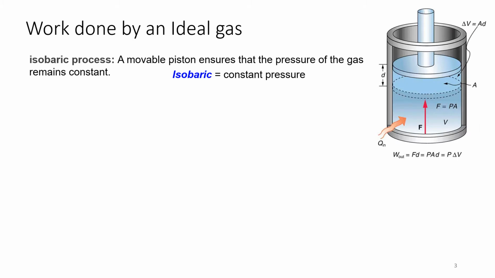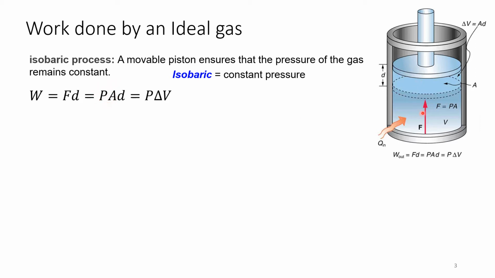Now let's consider the work done by an ideal gas in some simple processes. In an isobaric process, the pressure of the gas remains constant. As shown in this figure, if the piston moves upward a distance of d, the work done by the gas is the force F times the distance d, and F equals pressure P times the area of the piston, A. So F equals PA.